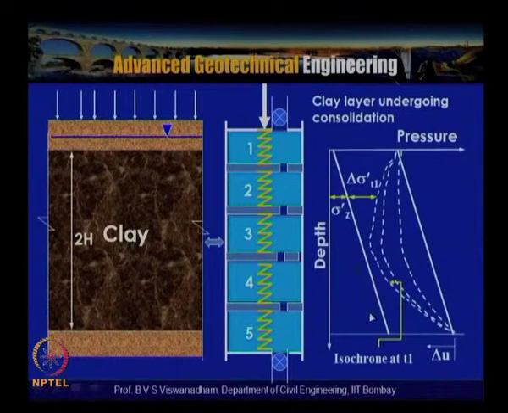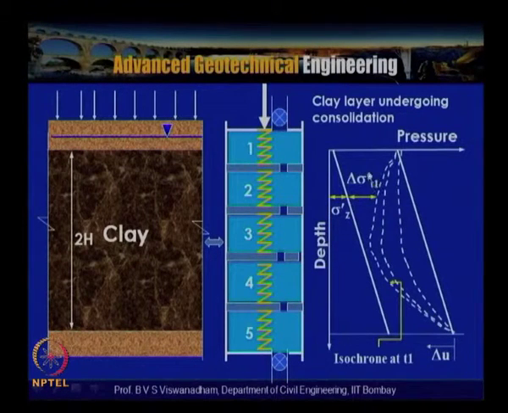If this is the effective stress, then at time t equal to 0, when it is subjected to an increase in load due to some delta sigma, the first isochrone will develop here. Then at time t greater than 0, that means t1, t2, t3, immediately the pressure at the drainage phases drops down to 0.